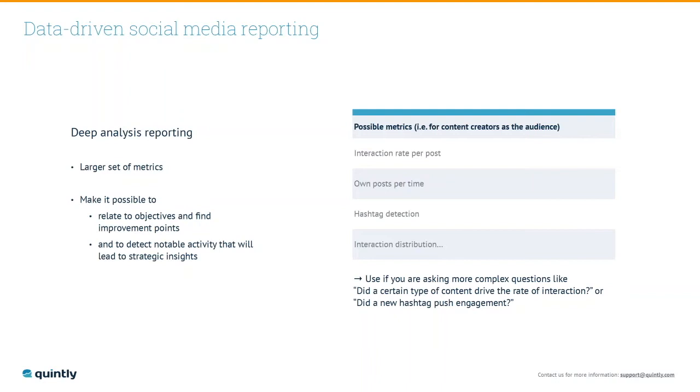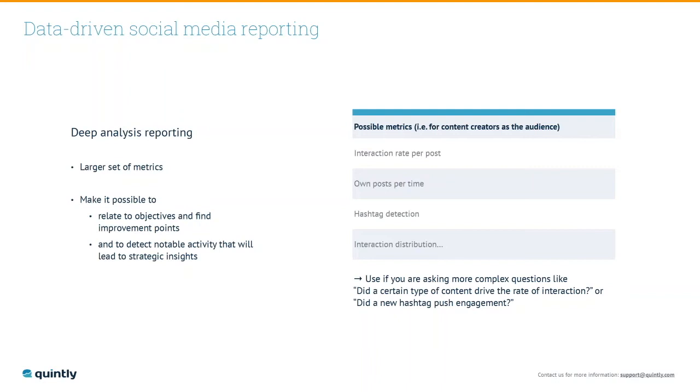For example, the interaction rate by post type will tell you, in the case of Facebook, whether a picture post, a video post, or a link post drives the highest interaction. There is also the own posts per time metric, so you can look at the times that you are posting.